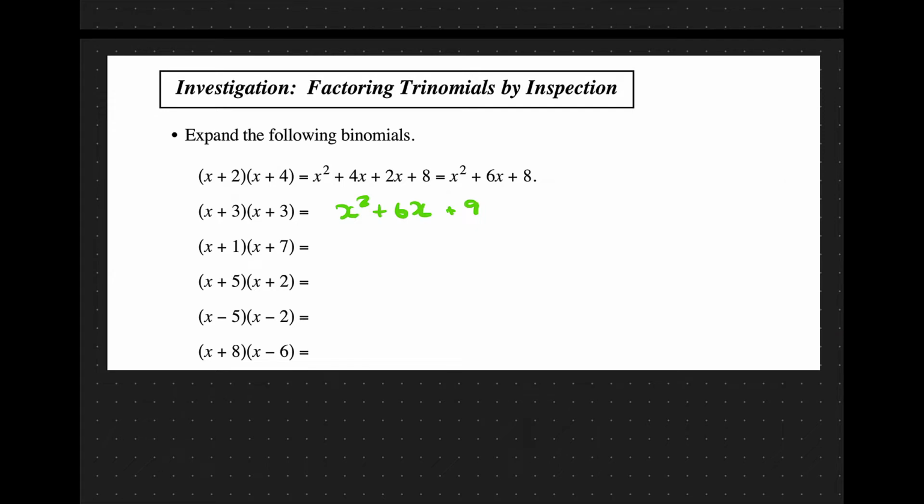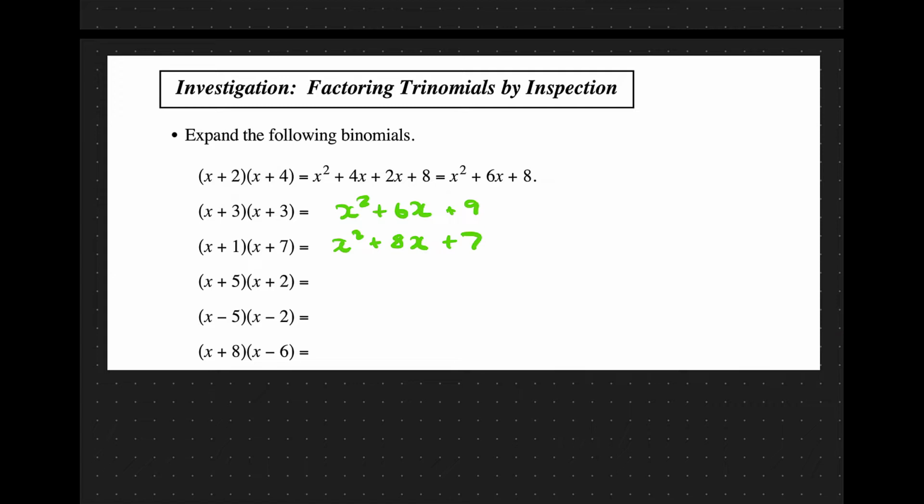So if we look at the third example, again, it's going to be x squared. 7 plus 1 is 8, so I got 8x, and 7 times 1 is 7.